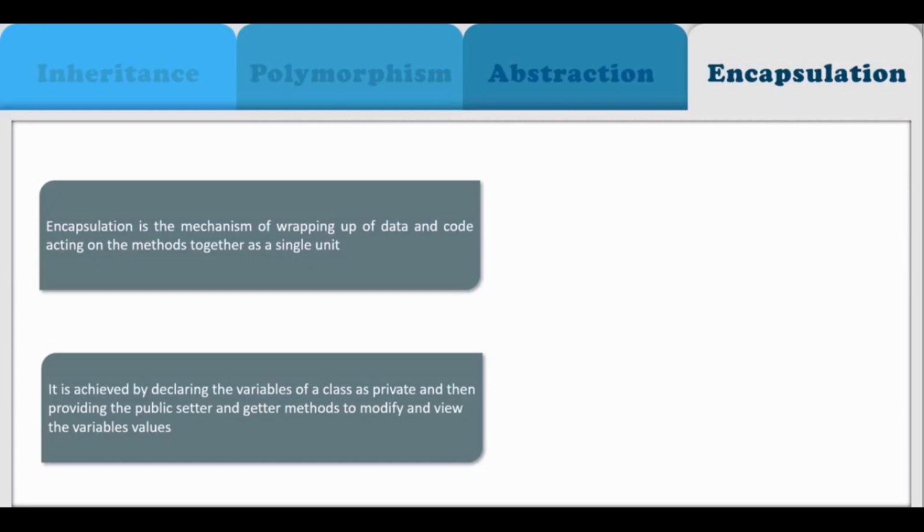So both the complexity, which is the behavior, as well as the essential features, which are the properties, are combined together in a unit to make it work, as well as to keep the complexity safe from normal or unauthorized access. Only the person with the right access can use those features. So that was all about encapsulation.